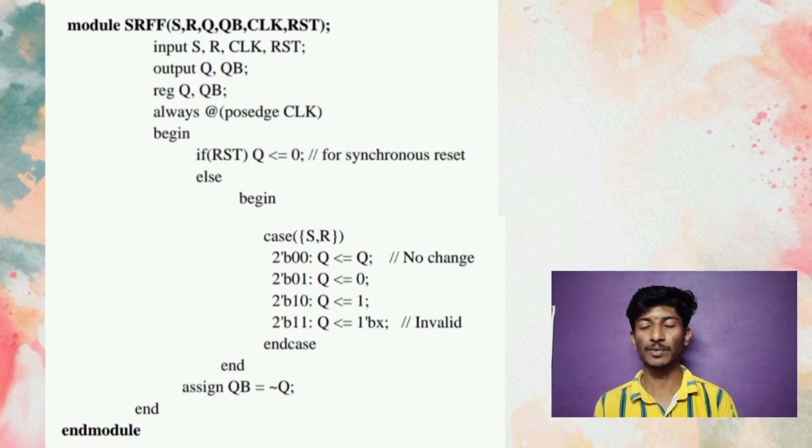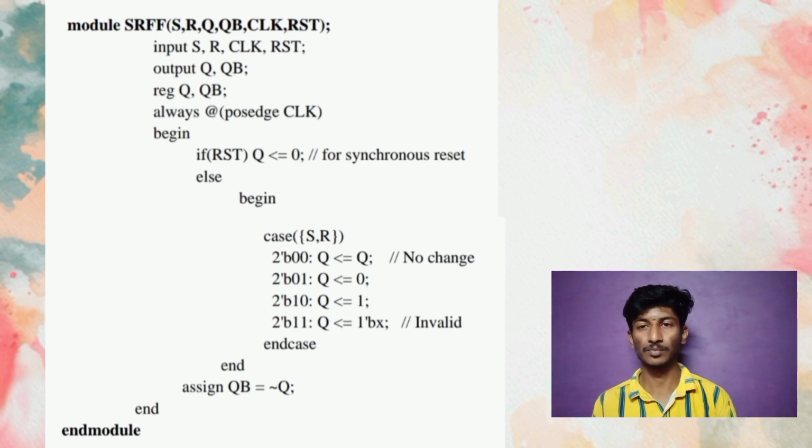When we provide SR as 0 0, Q will be unchanged. When we provide 0 for S and 1 for R, Q will become 0. When we provide 1 for S and 0 for R, it will become 1.